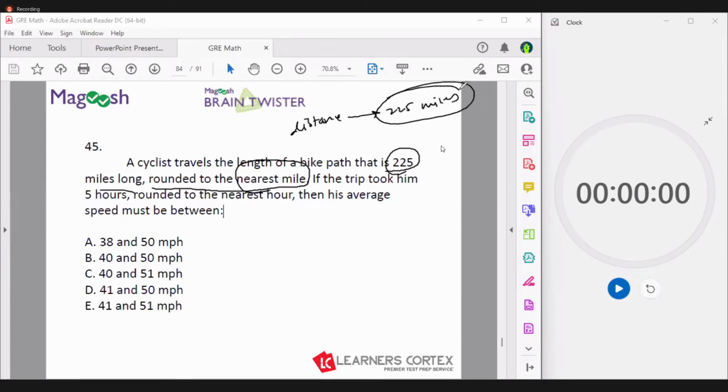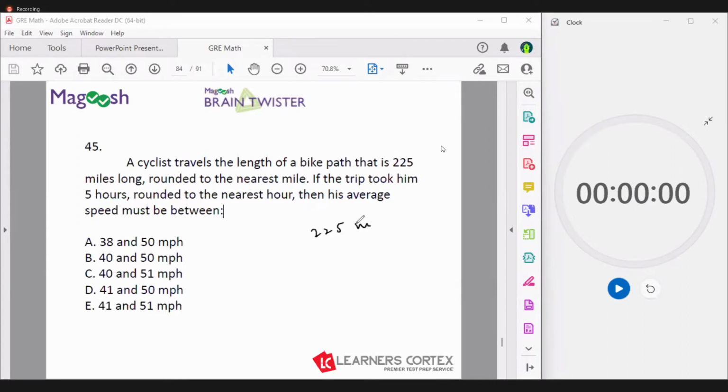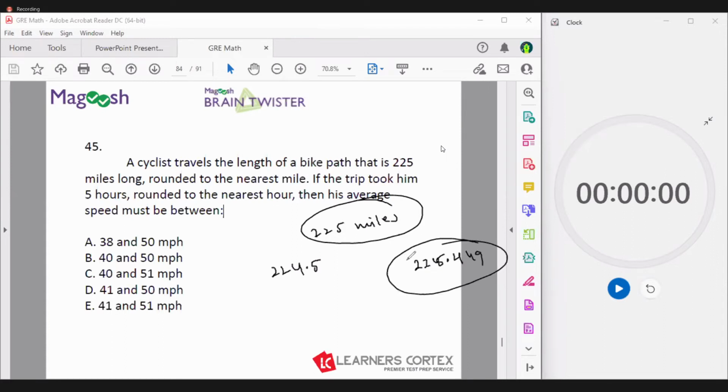The values which can be rounded off to 225 miles are 224.5, and the biggest value can be 225.4, right? Or it can also be 224 or 225.449. This particular value can also be rounded down to 225.